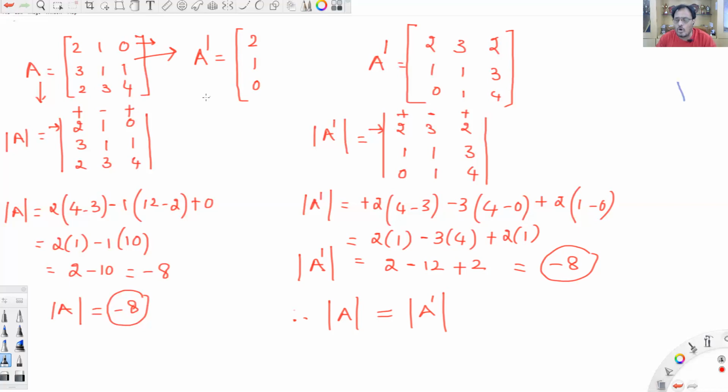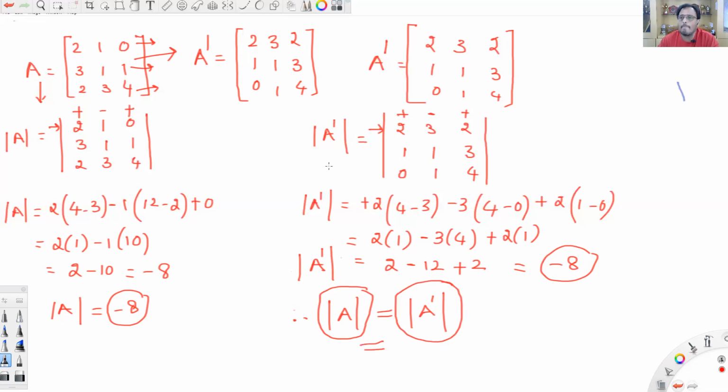Interchanging rows into columns or columns into rows is known as transpose. So 3 1 1 is a row, make it column 3 1 1, and 2 3 4 is a row, make it a column. That means the determinant of a given matrix and the determinant of its transpose are always equal.